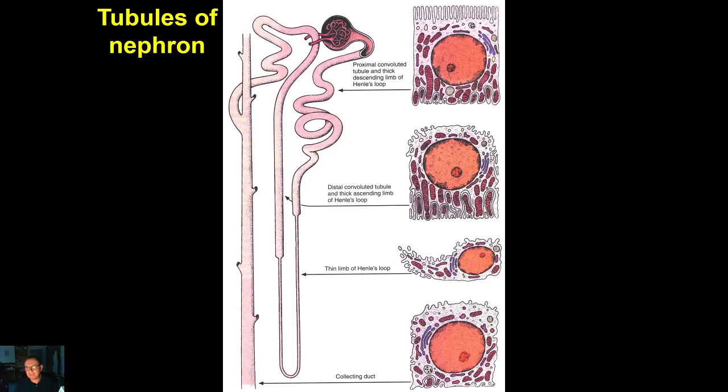I explain it, but usually we have also the ascending part of the thin segment or thin limb of Henle's loop, and then urine goes to the thick ascending segment of Henle's loop, which is in fact equal to a straight part of distal tubule.